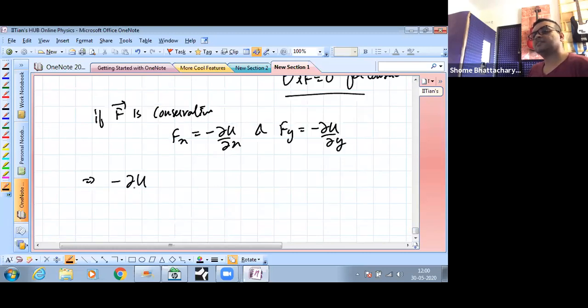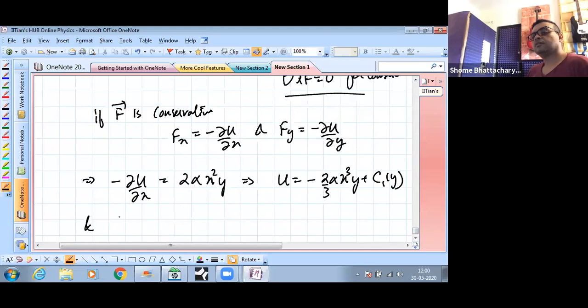So minus del U by del x is 2 alpha x square y. Integrating this, we would get U as minus 2 by 3 alpha x cube y plus some kind of function of y.